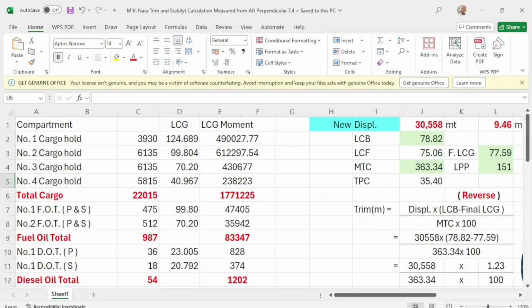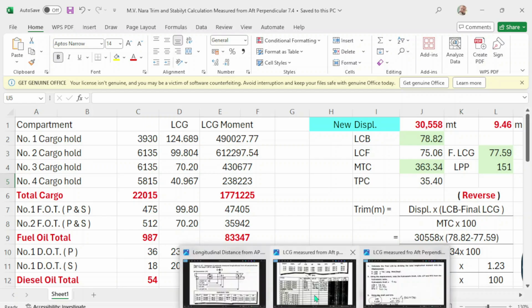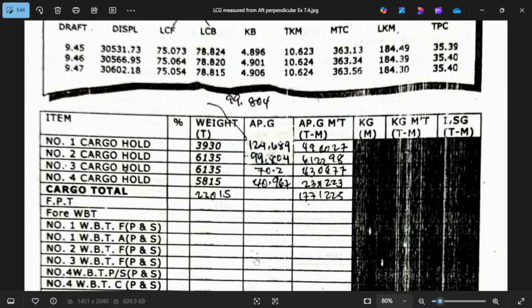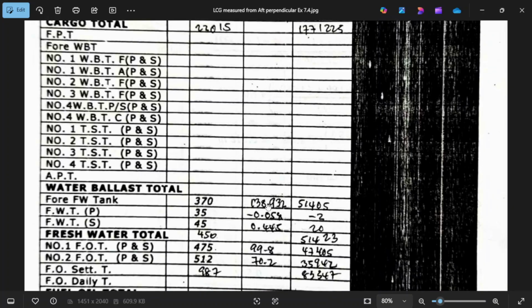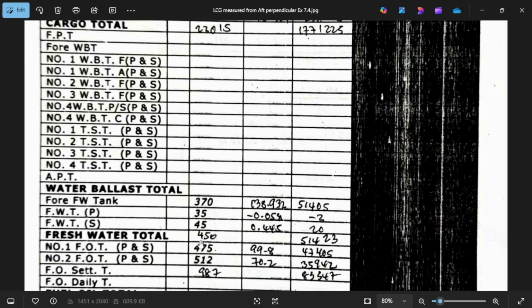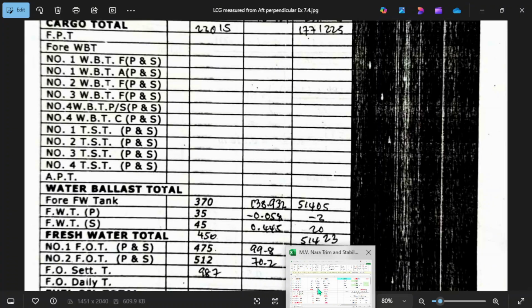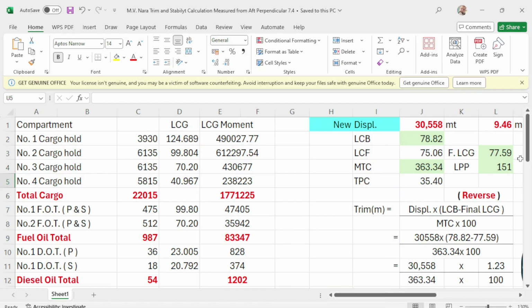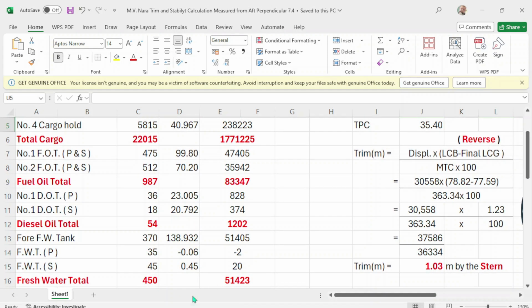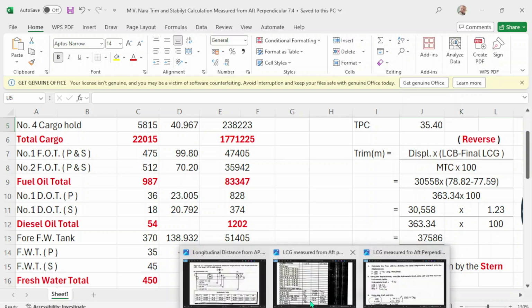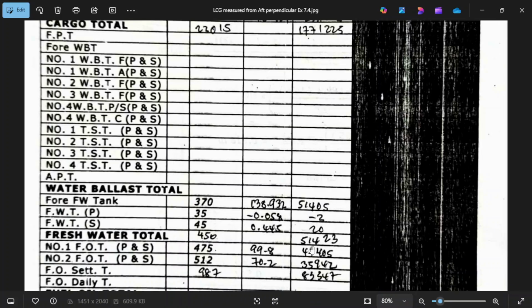How much fuel here? Okay. Then the next will be fresh water of 450, and the LCG moment is 51423. Freshwater is 450.